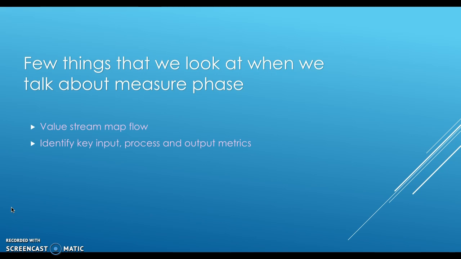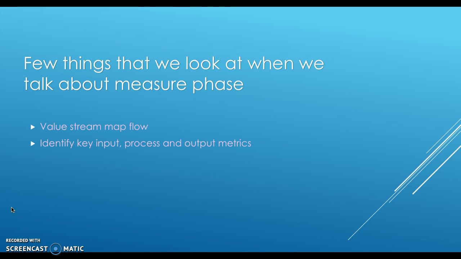Next is identify the key inputs, process, and the output metrics. What this point tells is, what are your inputs and what are the process steps, and from those process steps, what are your output metrics. So what data do you collect at each individual step? For example, if you're talking about the input, any data related to your ingredients would be covered under the key inputs.